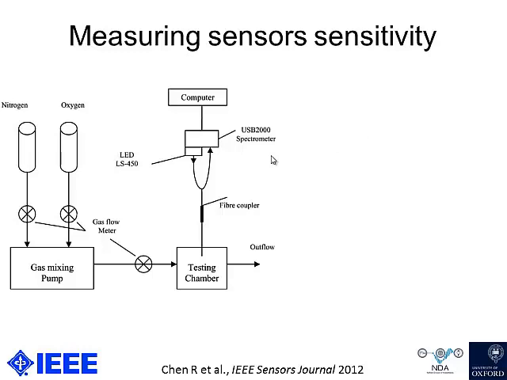They feed into a gas mixing pump where we can set the oxygen concentration from 0% to 100%. Then that mixed gas flows into a testing chamber where the sensor sits, and we can measure its sensitivity to changes in the partial pressure of oxygen.